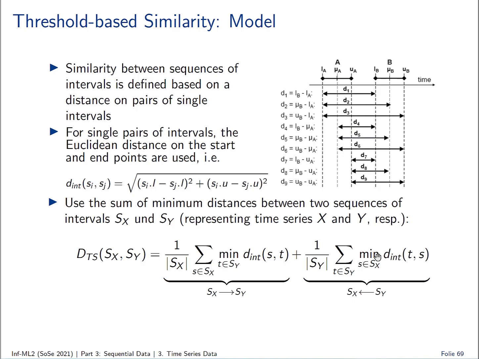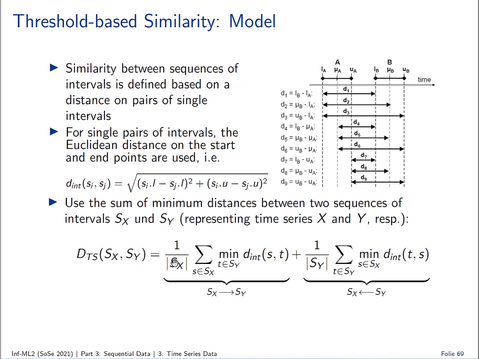That can be computed by these two terms of a sum here. We map all the intervals from the first sequence to the intervals of the second sequence. This is the mapping from all the intervals from x to the intervals of y, and the other way around. And then just sum everything up.